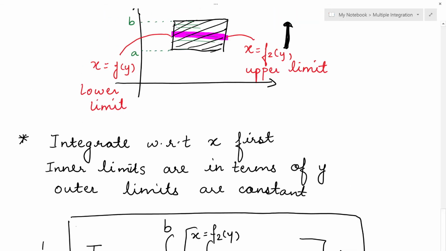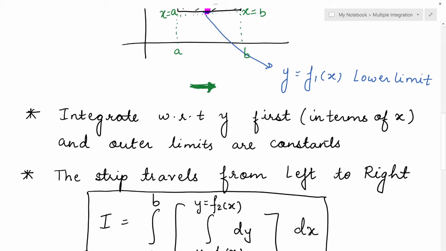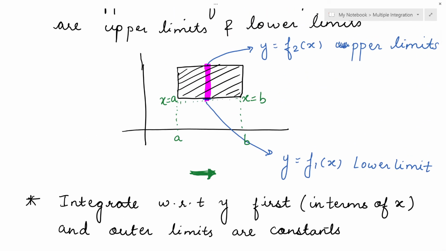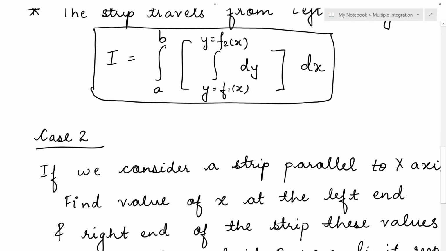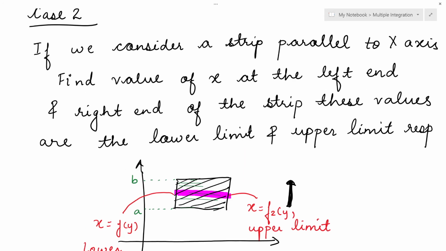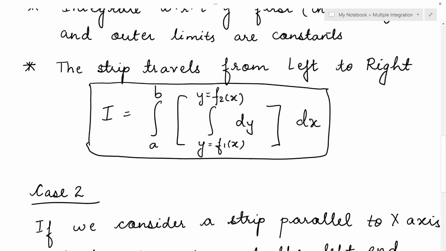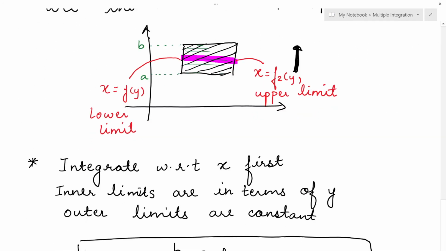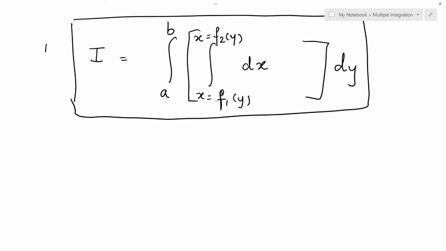So now the question may arise to you. I have taken two cases. First case where the strip is parallel to y-axis. Then I have taken a case where the strip is parallel to x-axis. Now you may ask me that when to consider what, when to consider a standing strip and when a sleeping strip. That is your choice, that is immaterial. So whether you consider a standing strip or sleeping strip does not affect your answer.